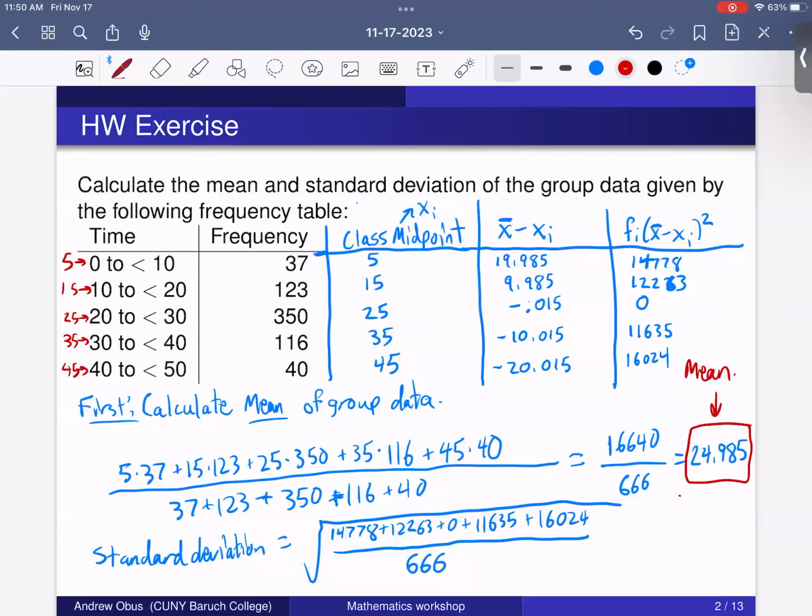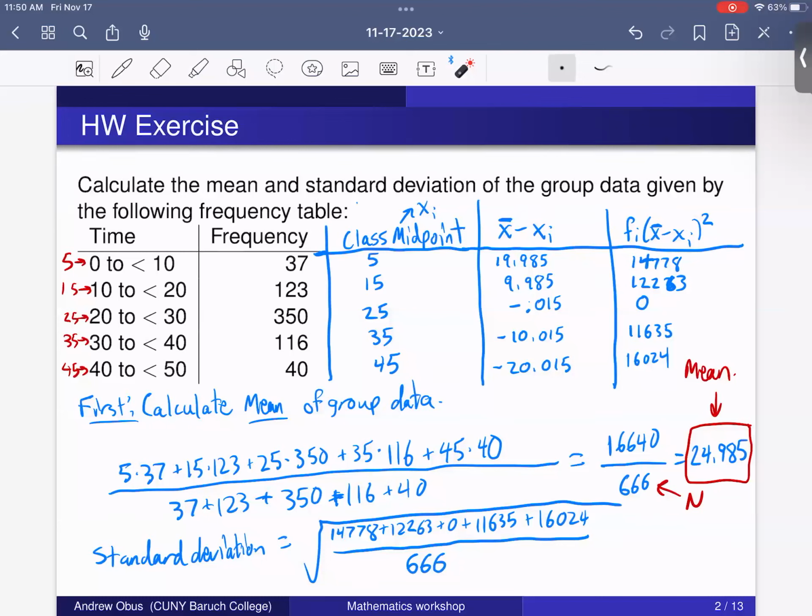This is our n right here, the total number of measurements in the frequency table. And let's see what happens when we do this.